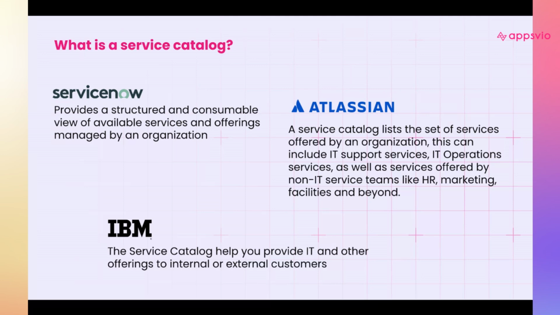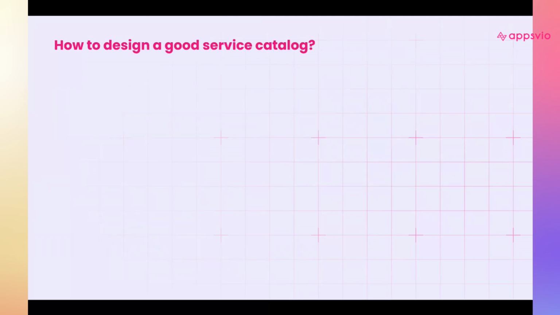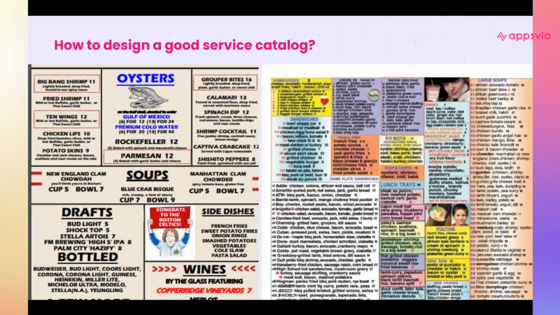Let's go back to the restaurant menu example that I mentioned. Take a look at these two menus. Would you quickly find a good meal for you? Are you able to quickly screen the menu to know what the restaurant offers? I don't think so, because I can't. It's one of the worst menu designs I have ever seen.